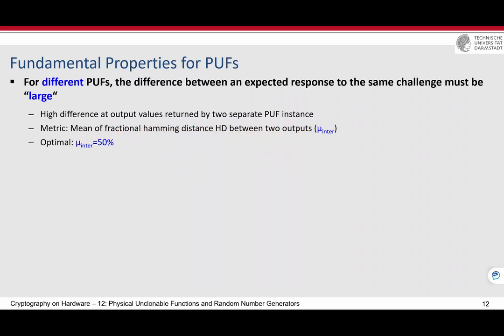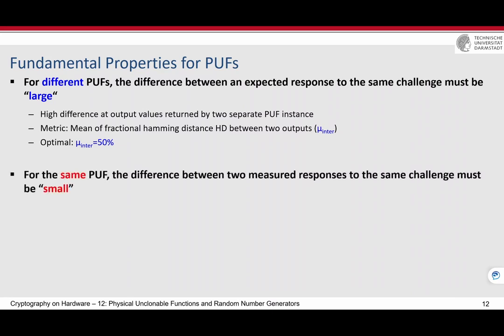You consider the outputs of every 2 PUFs with the same challenge, and the optimal inter-difference should be 50%. That means that if the Hamming distance for a 10-bit value is at most 10, you should have on average a 5-bit difference between every 2 outputs of different PUFs.